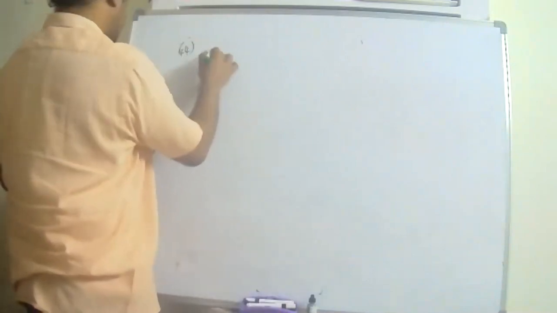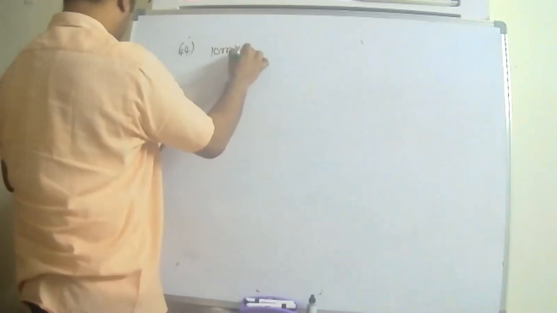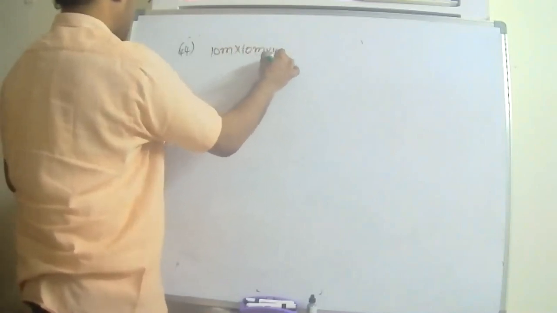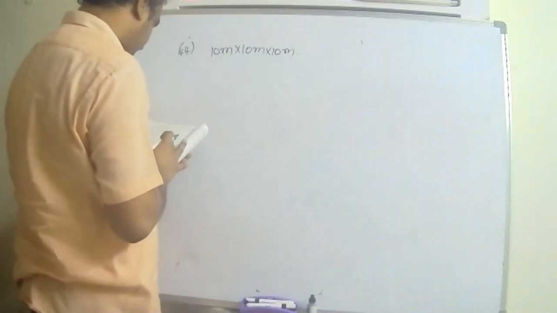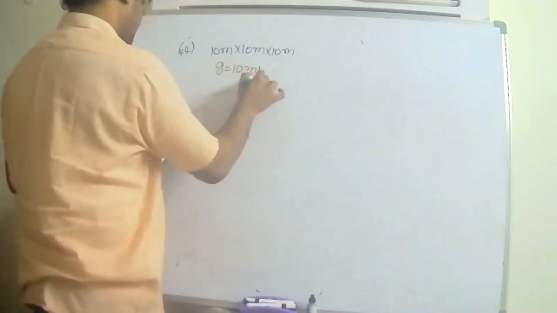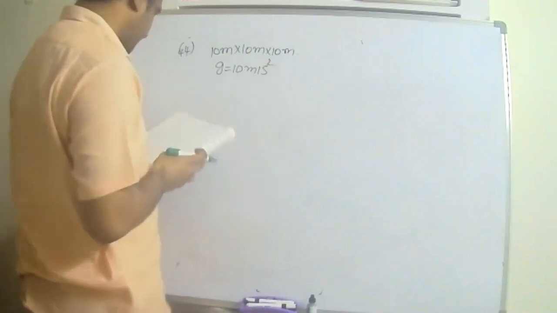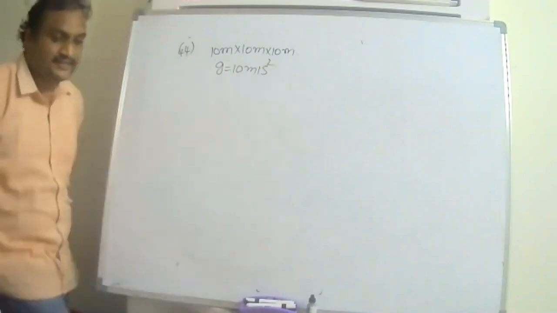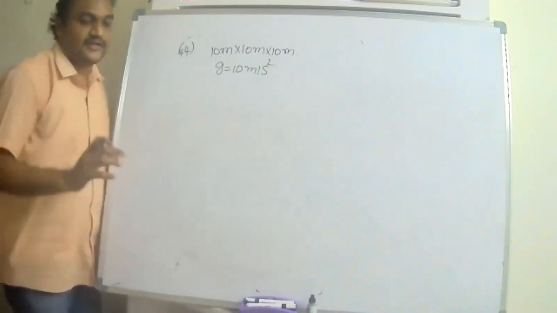A tank of size 10 meters into 10 meters into 10 meters is full of water and built on the ground. G is equal to 10 meter per second square. The potential energy of the water tank.